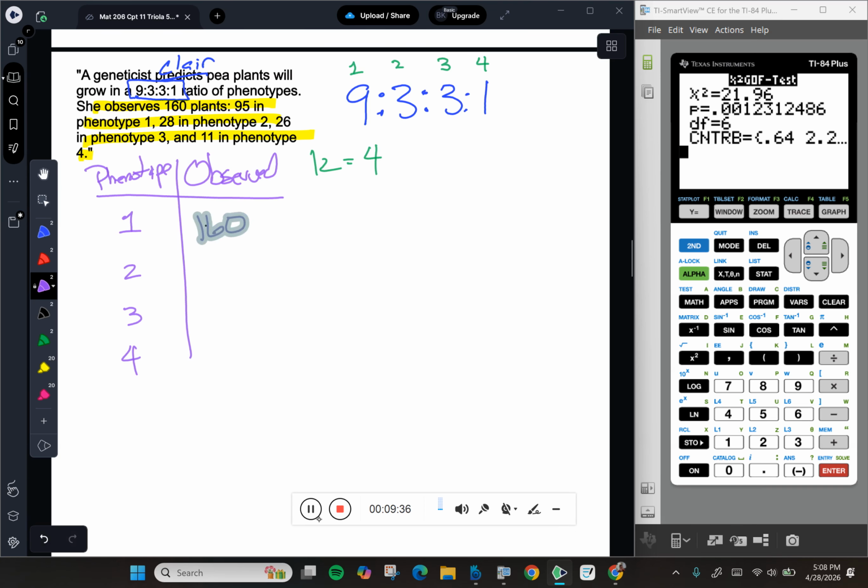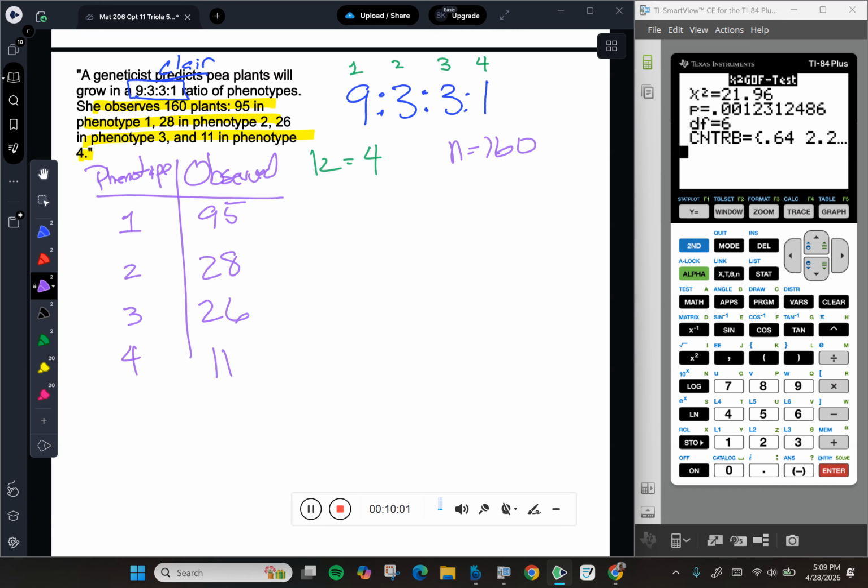Oh, wait, no. 160 is my N. So you observed 160 plants. 95 were this, 28 were this, 26 were phenotype 3 and 11 were phenotype 4. Okay.